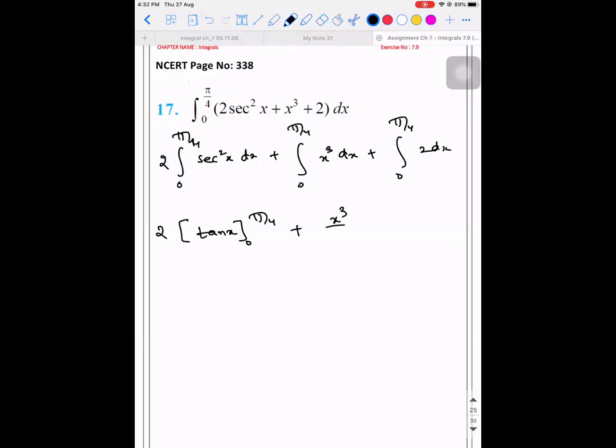So 2 into integral of secant square x is tan x between 0 to pi by 4, plus integral of x cube is x power 4 by 4 between 0 to pi by 4, plus 2 into x.